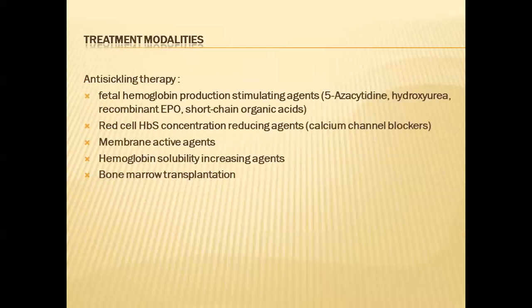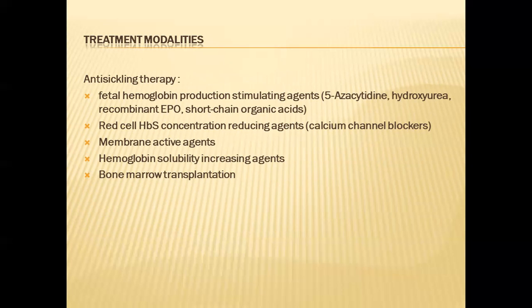So, treatment modality, anti-sickling therapy: you need fetal hemoglobin production stimulating agents like hydroxyurea, 5-azacitidine. Most commonly used is hydroxyurea, and recombinant erythropoietin and short chain organic acids. Again, you can use them to increase the production of fetal hemoglobin.